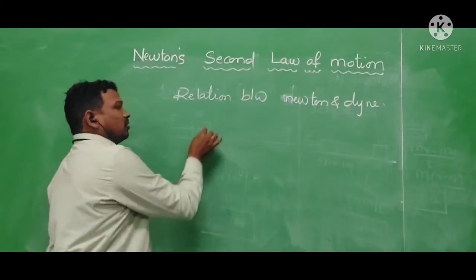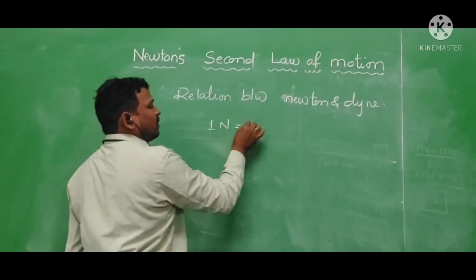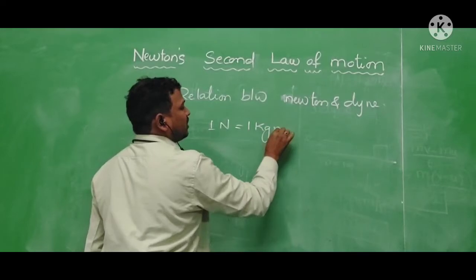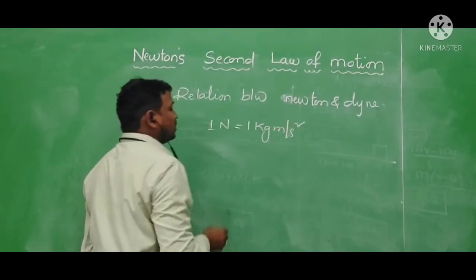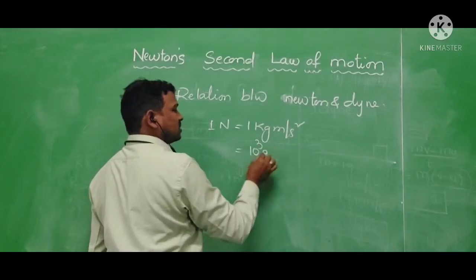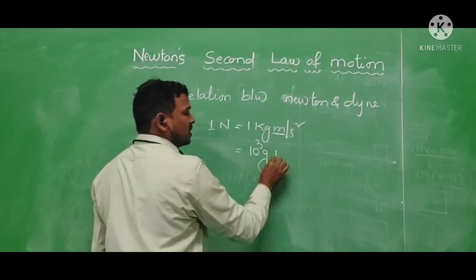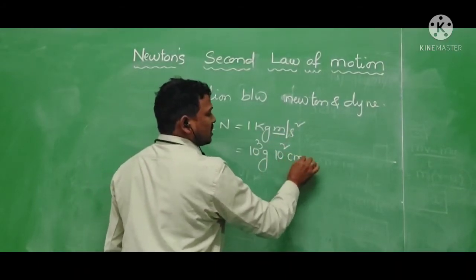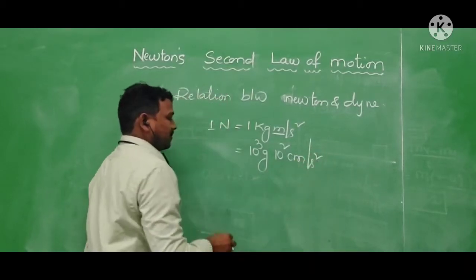So here 1 Newton is equal to 1 kg meter per second square. 1 kg can be written as 10 to the power of 3 grams, whereas 1 meter can be written as 10 to the power of 2 centimeter per second square.